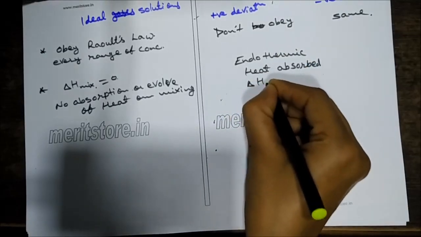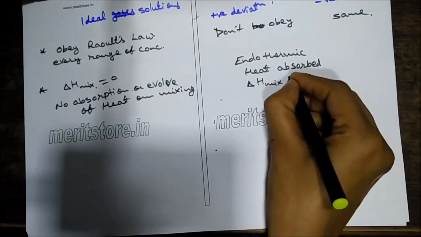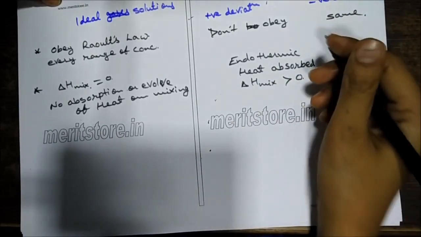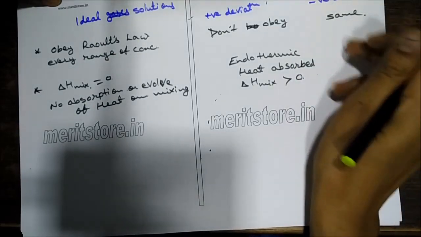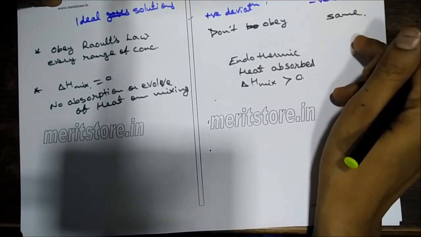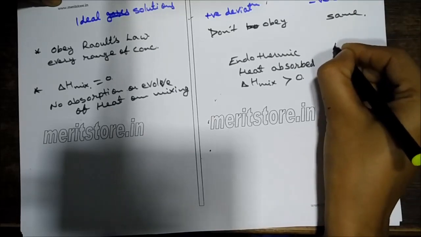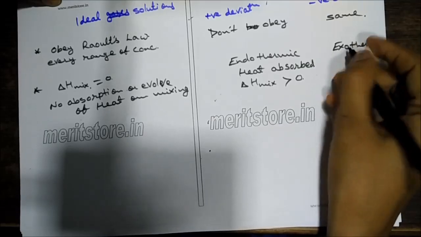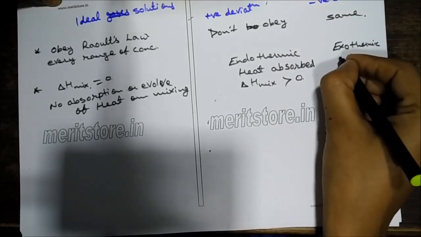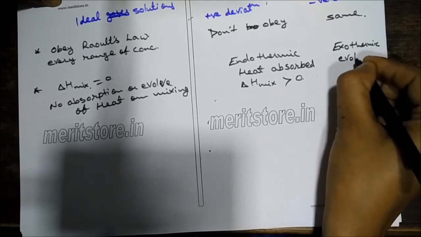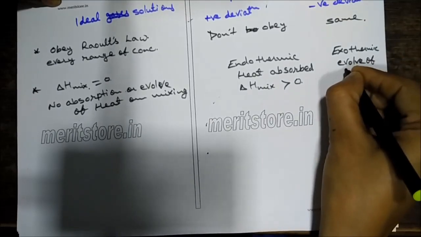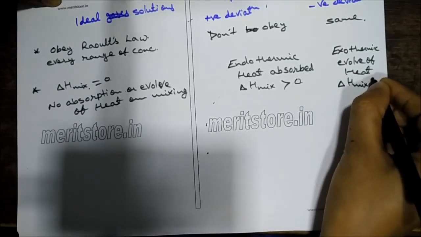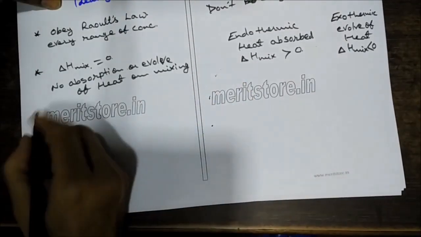So del H of mixing will be greater than 0. For solutions having negative deviation, this process will be exothermic, and the heat will be evolved, and del H of mixing will be less than 0.